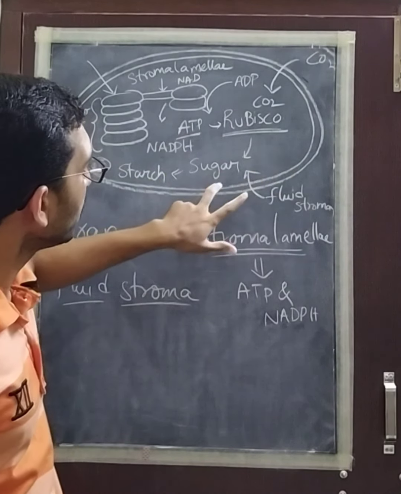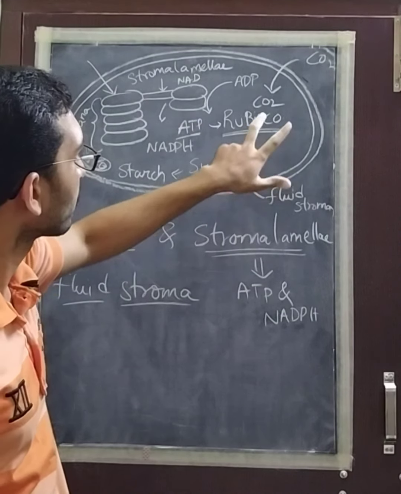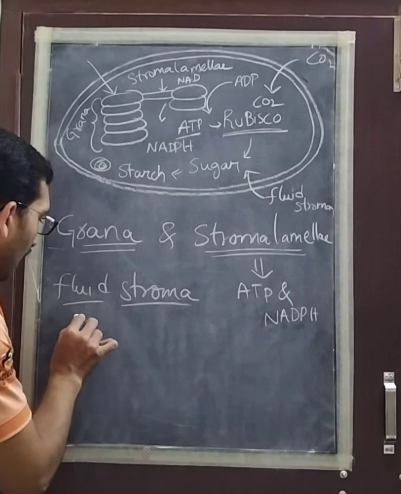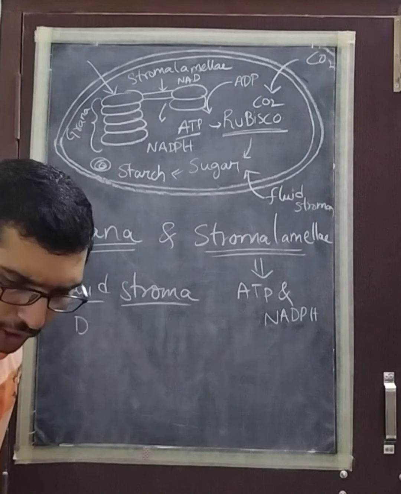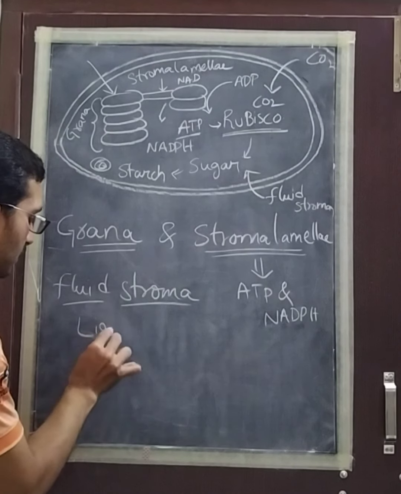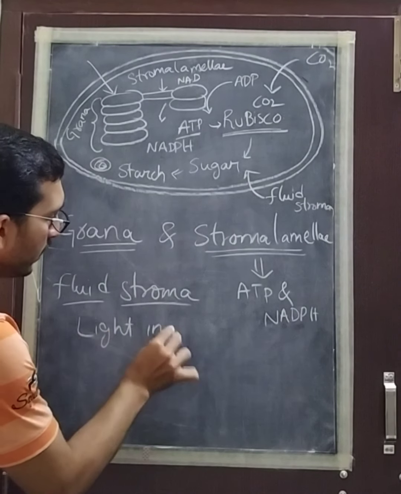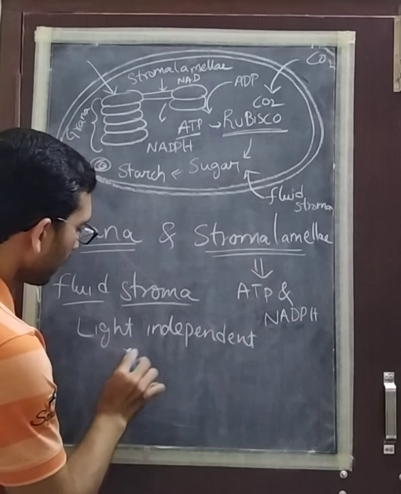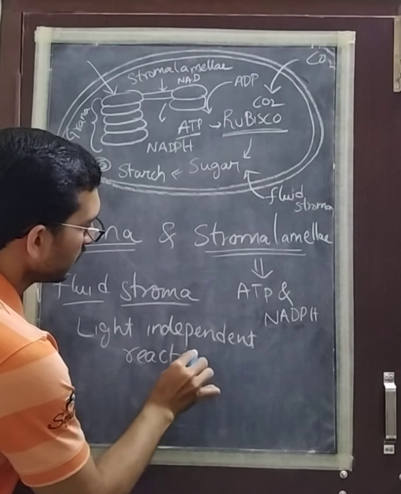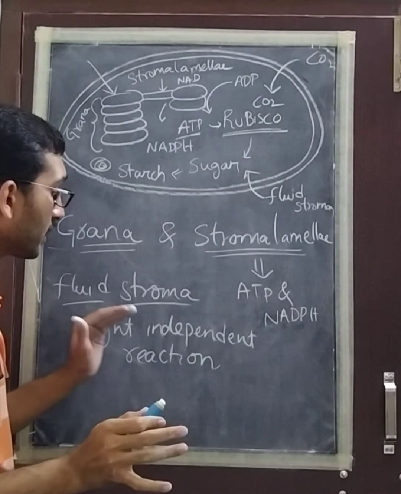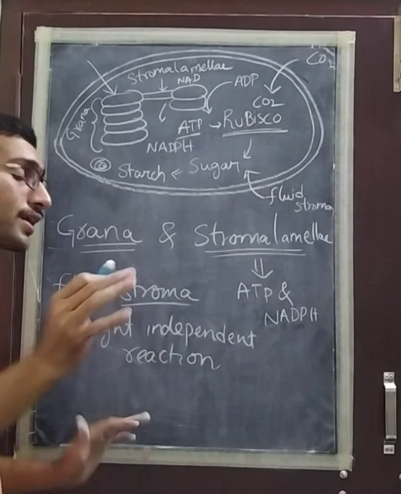The fluid stroma is a light independent reaction. That means it is not dependent on the light, but it is dependent on the products of the light.